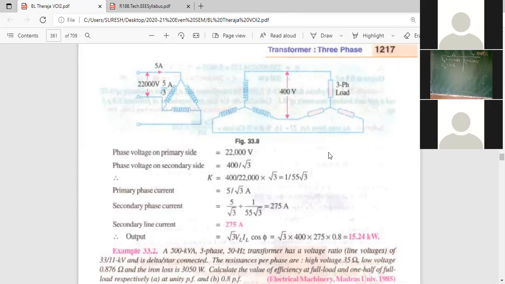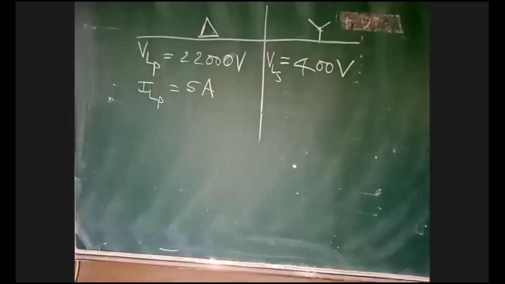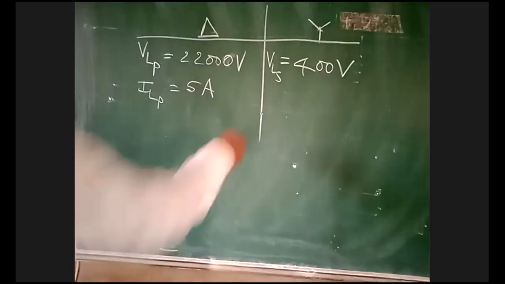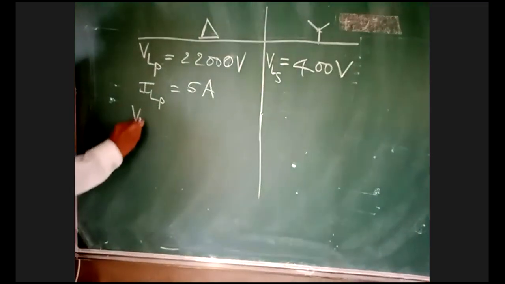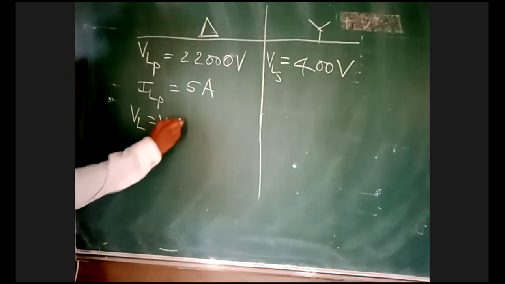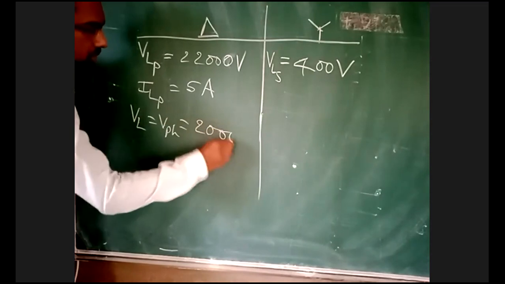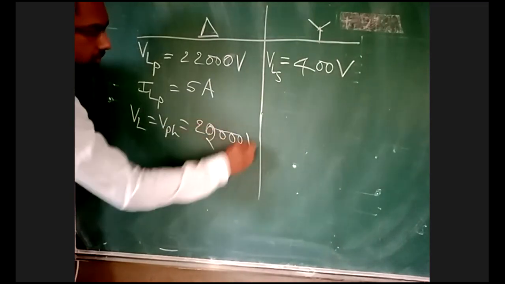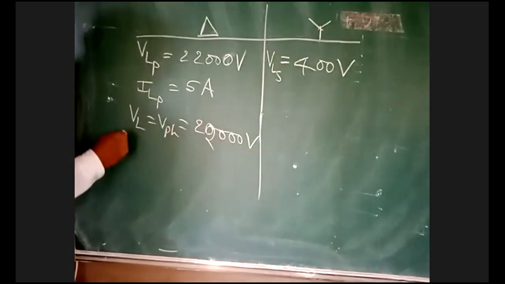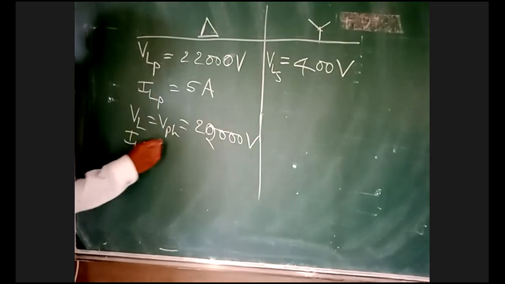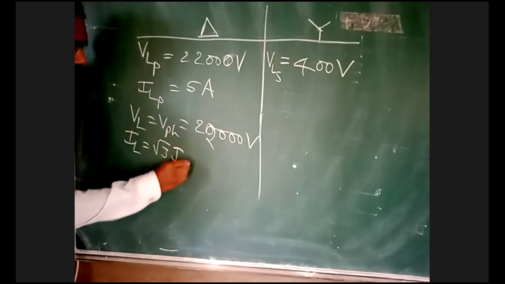Now see. Listen here. In delta connection, we know the formulas. VL is equal to V phase, that is equal to 22,000 volts. In delta connection, IL is equal to root 3 into I phase.